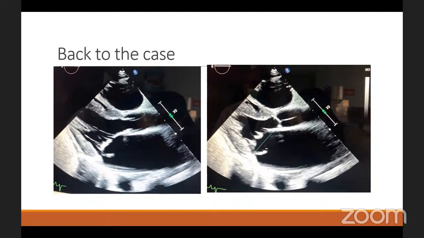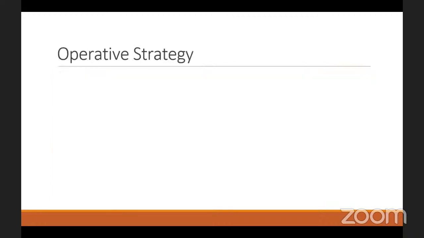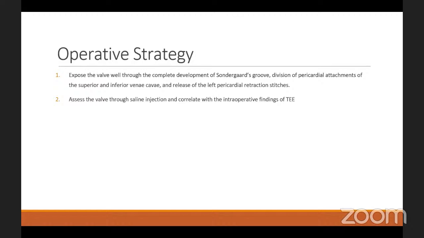Okay, thank you. So for the operative strategy, first you need to expose the valve through complete development of the Sondergaard groove, division of the pericardial attachment of the superior and inferior vena cava, and release of the pericardial retraction stitches.